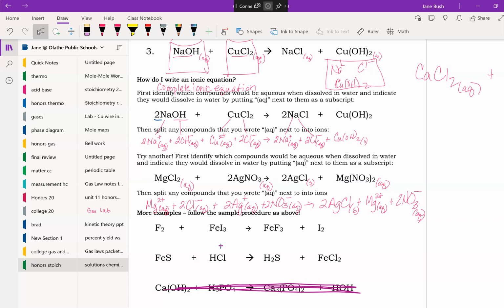Otherwise, it's a molecular equation. This here is a molecular equation. This is a complete ionic equation. And we'll talk about net ionic equations on Monday.